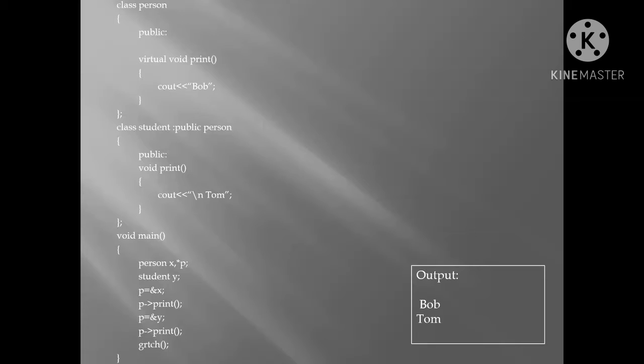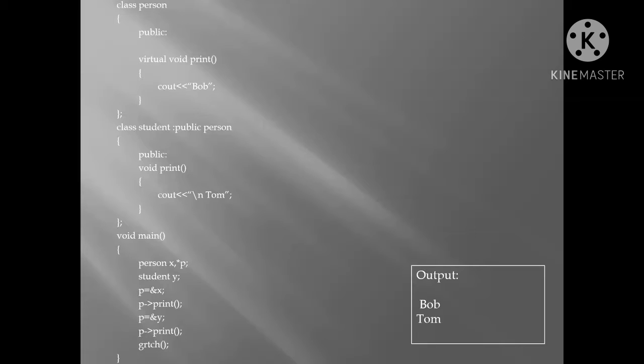But by default you will get the answer of only the base class if you don't use keyword virtual in base class. Now in our program I have used the virtual keyword in base class. That means I have declared the print function in base class as virtual. That's why we are getting the answer of both the classes, that is base class and derived class.